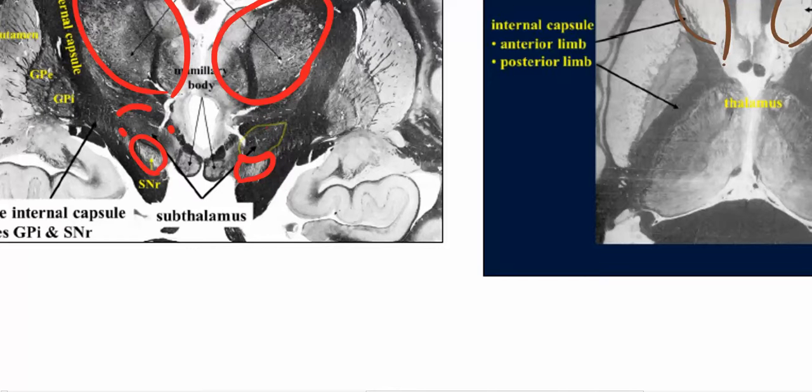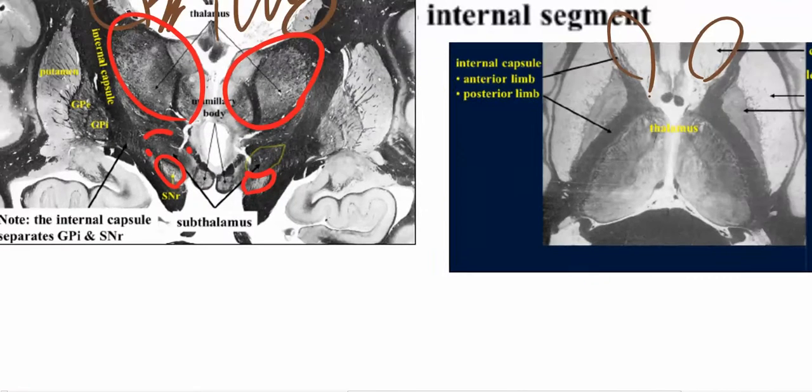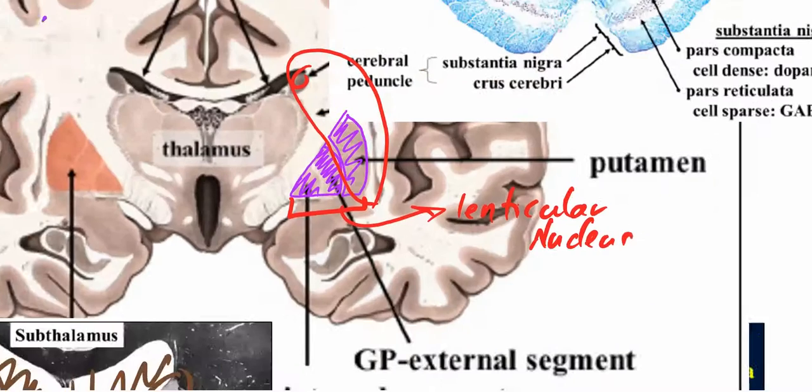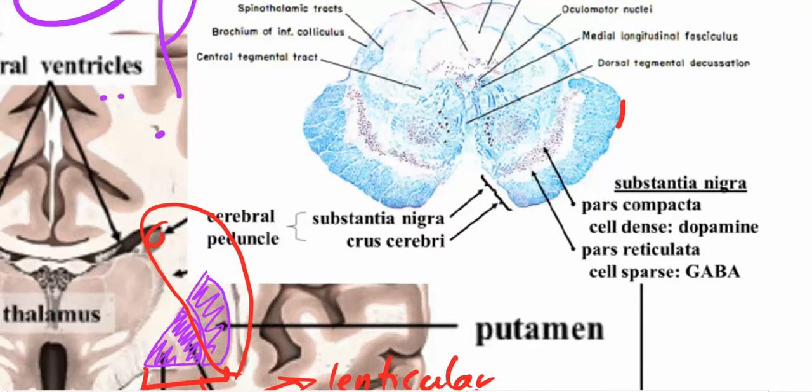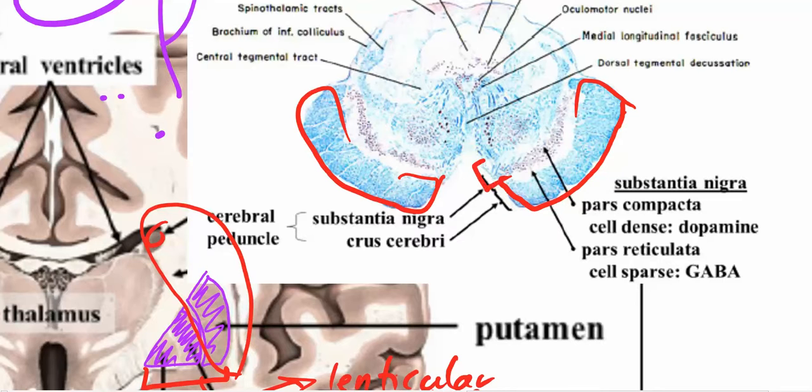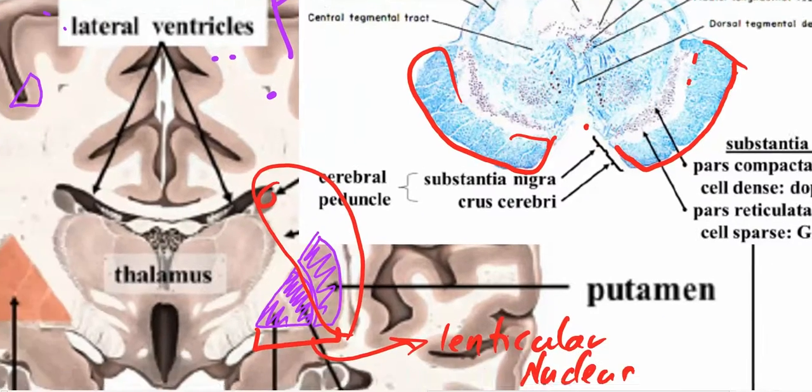So in terms of orientation, the substantia nigra is below the thalamus, and it's going to be dorsal to the crus cerebri. Here goes the crus cerebri, right here, and this right here would be your substantia nigra.